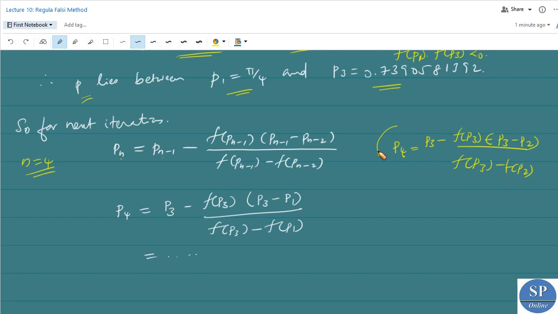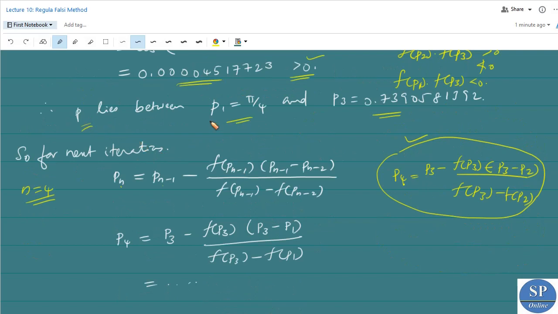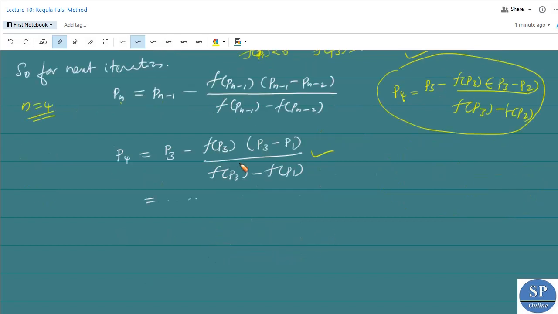This will be the formula to find P4, but since the root P lies between P1 and P3, we can use P1 and P3 to find P4. So this P2 can be replaced by P1, because f of P1 is less than 0 and f of P3 is greater than 0. So this will be the new formula, and replacing the values of P1 and P3 here, we will get P4.